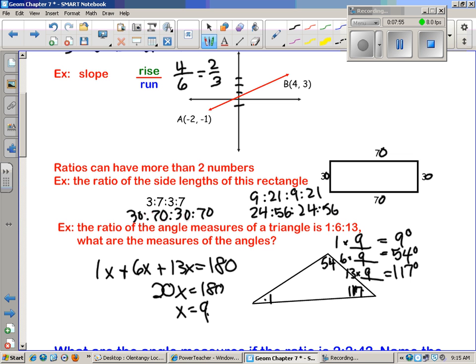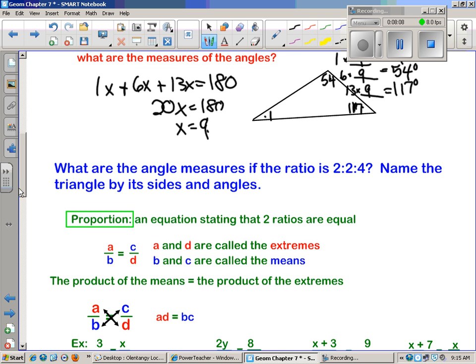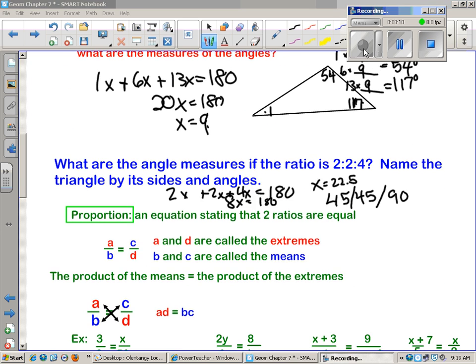Okay, does that work? Is 9 plus 54 plus 117 equal to 180? Yeah. So that's how I figured out what the angles would be. Does that make sense? Yeah. All right, so take a second and do the blue one here. So it's a right isosceles.